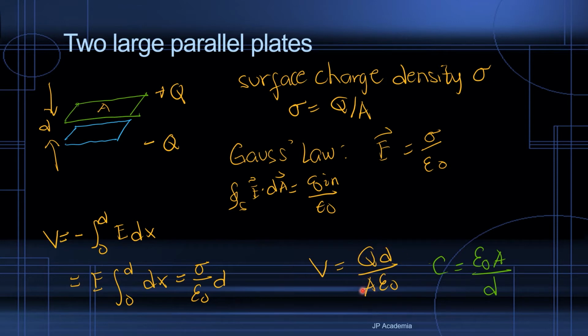So this part here, this D over A epsilon naught, refers to 1 over C. And therefore, we will have this final expression for our capacitance for the case of two large parallel plates. So we have epsilon naught A, the area of the plates, over D, their distance.